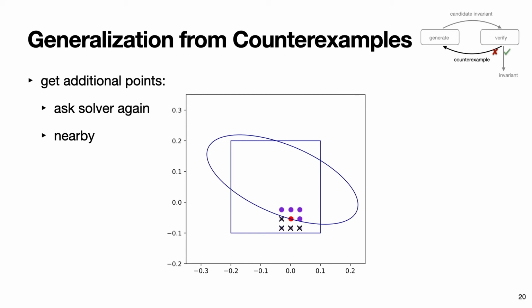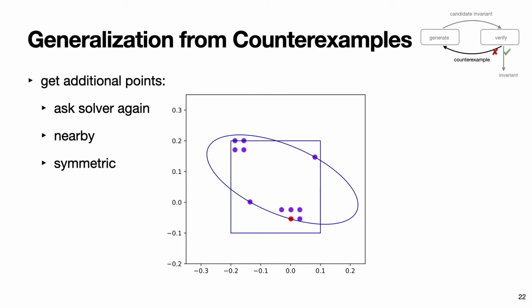And from those, we would only take the points that already satisfy the candidate invariant, such that we don't introduce unreachable values. Last but not least, we may benefit from the fact that our polynomial inequality has the shape of an ellipsoid. And then we take points that are symmetric to our original counterexample with respect to the axis of symmetry of the ellipsoid.